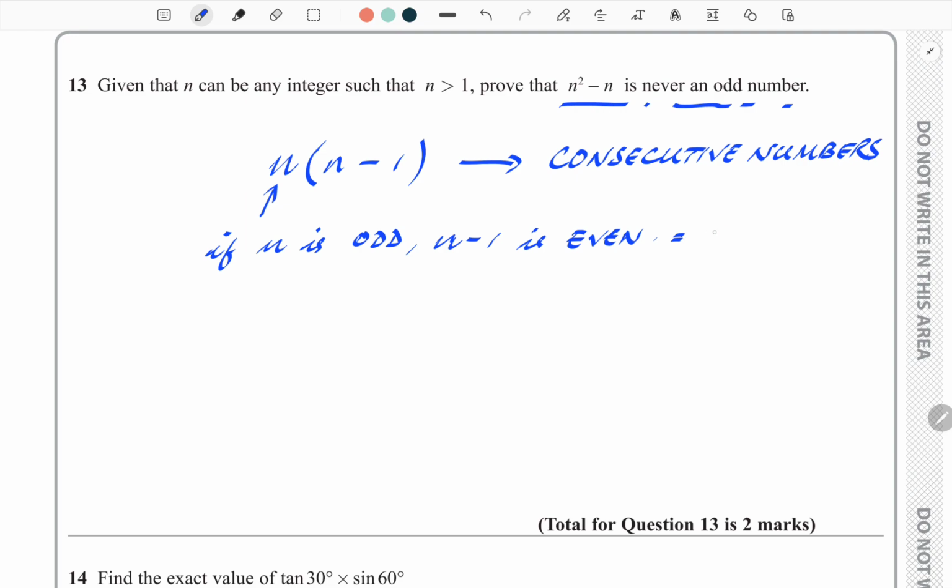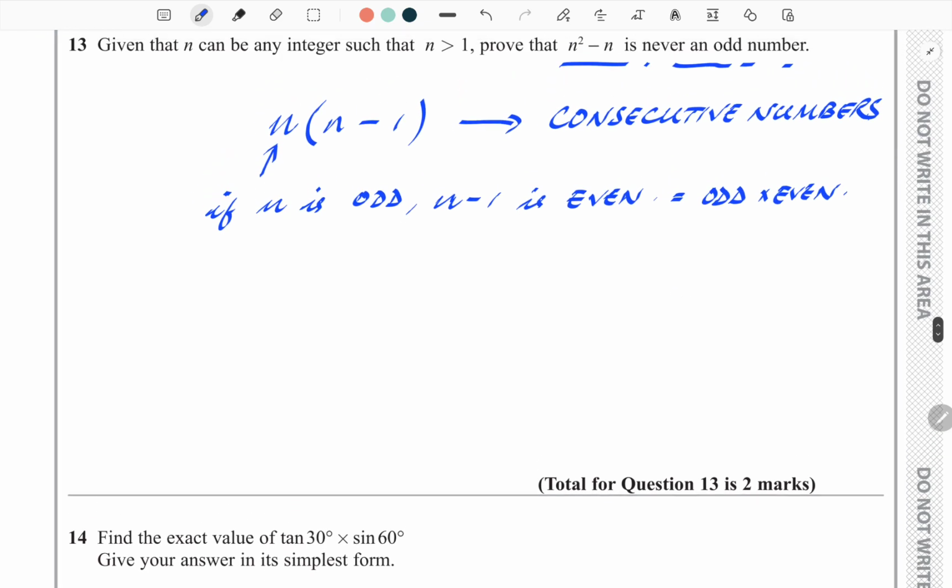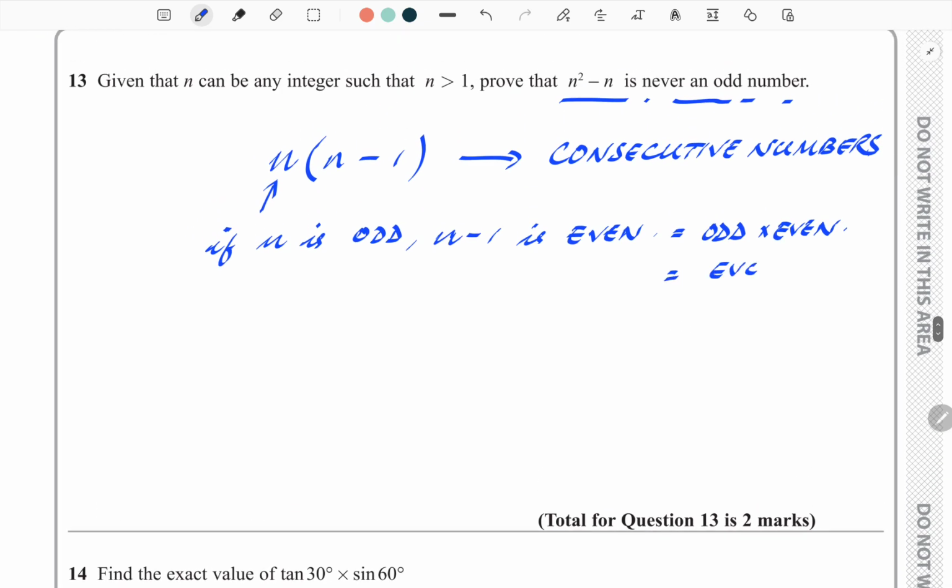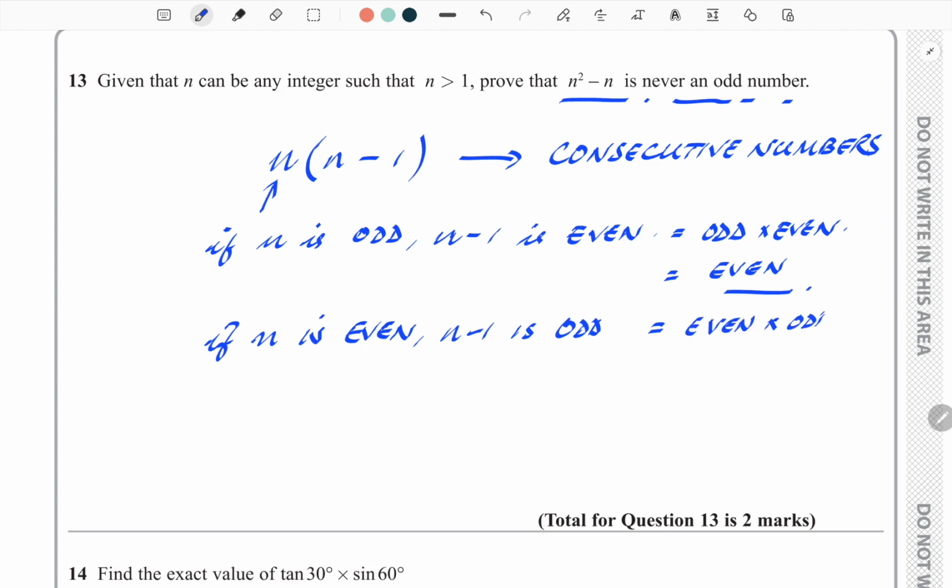And you have an odd times even equals even. Now, if n is even, then n minus 1 is odd, and we have the same result. So, always even. There we are. It's as simple as that.